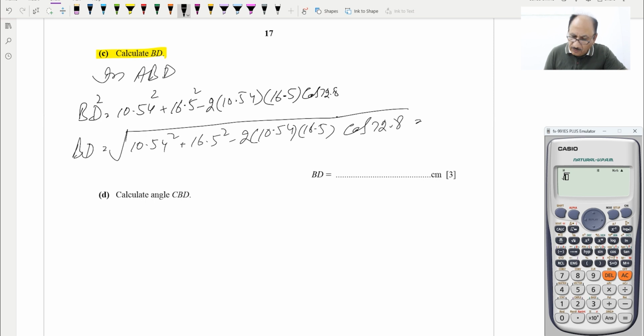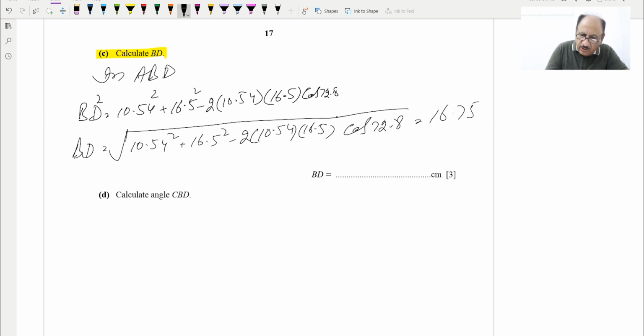Square root of 10.54 square plus 16.5 square minus 2 into 10.54 into 16.5 into cos of 72.8, bracket close, and this gives us 16.75. Hopefully you understood. This is for 3 marks.